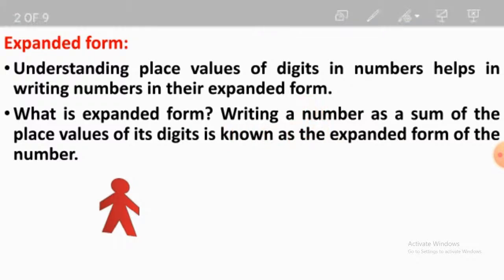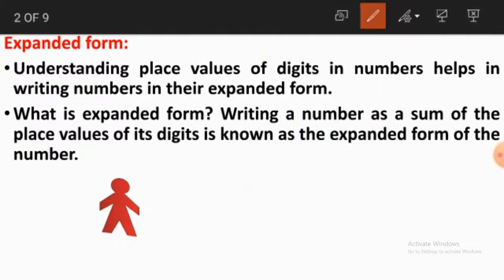Okay, if we take the example of a number here, 218. Let us take the example of the number 218, children. Now what are they saying? Writing a number as a sum of the place values. First we have to write the place values. What is the place value of 2? 200.